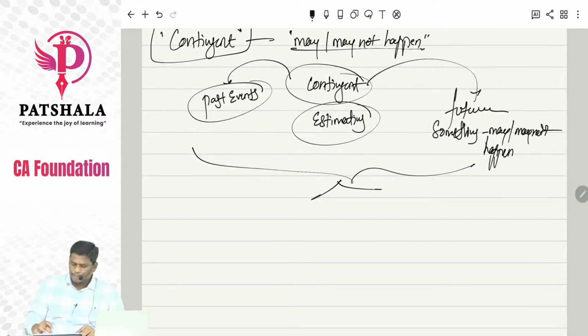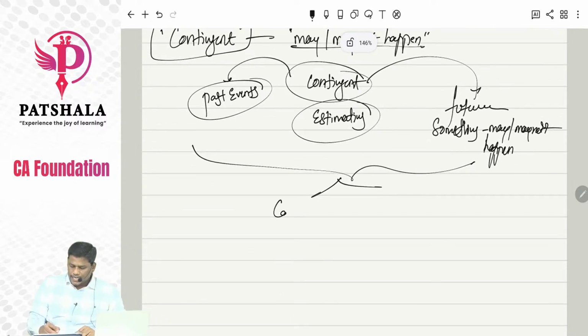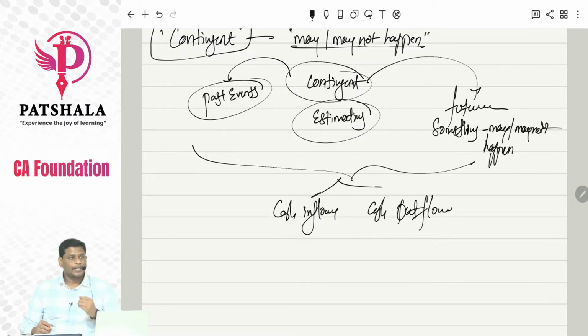When these contingent things happen, two things will arise: one, cash inflow; another, cash outflow. If that happens and we will get the money, that is cash inflow.